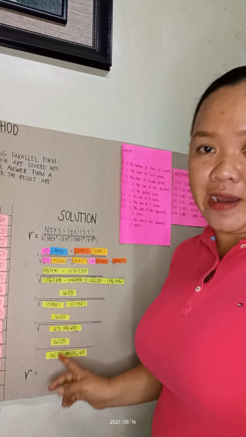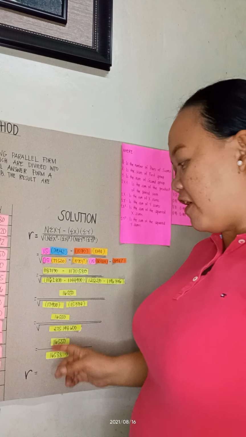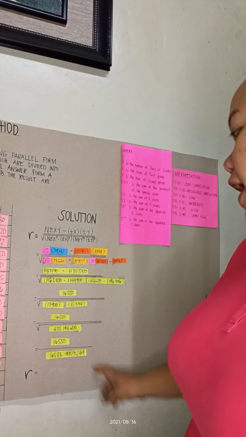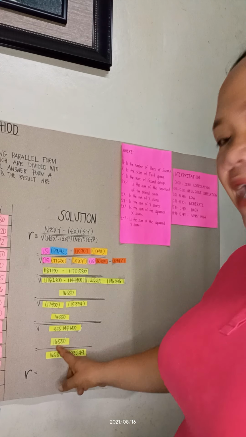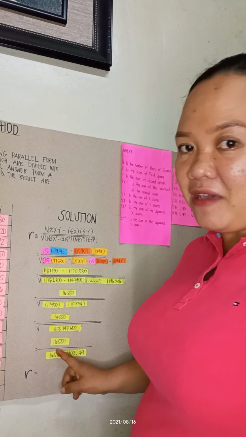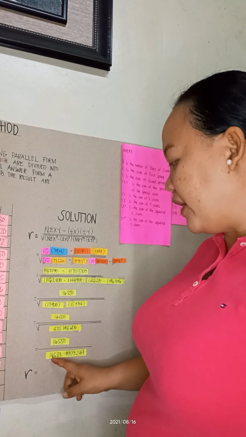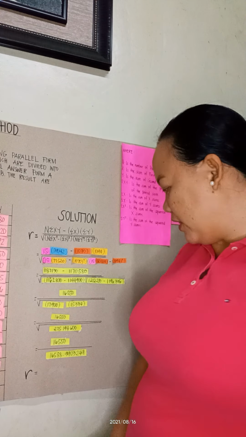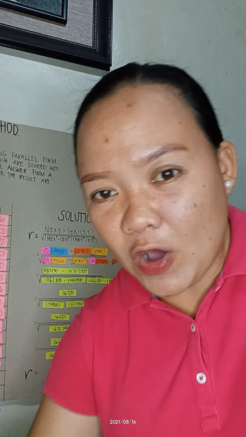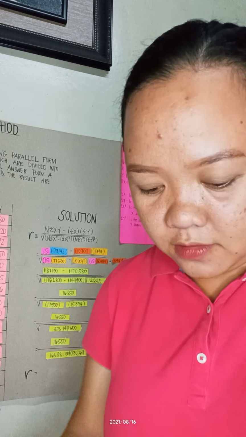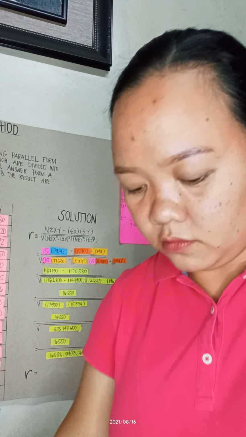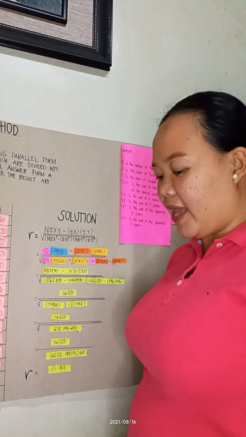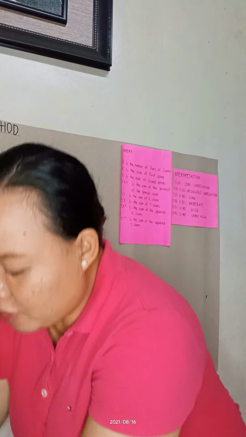So that is the square root of 275,194,600. Let's divide 16,500 by 16,588.9903249. So the answer is 0.99.